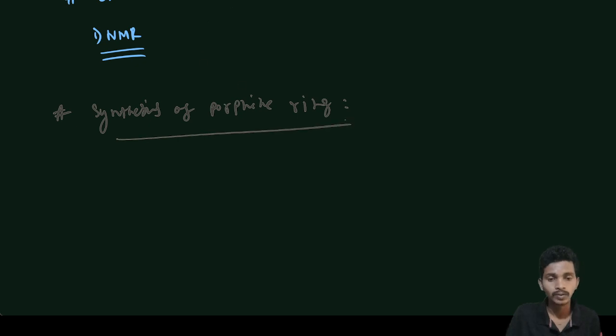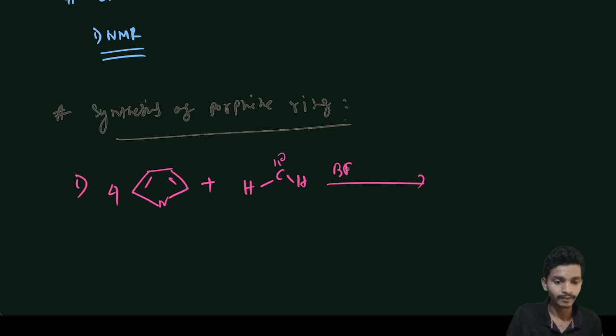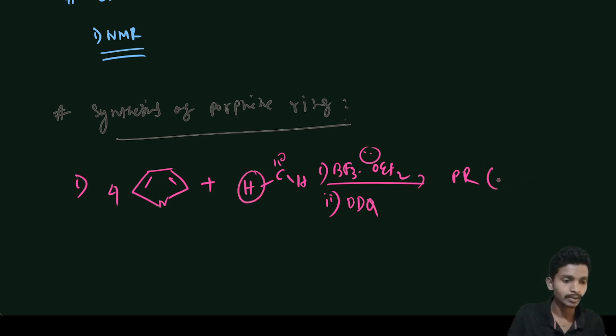Okay, so how will you synthesize it? First, let's say pyrrole, 4 equivalents, plus any aldehyde, and if you have BF3 etherate and DDQ, then we will get the porphine ring. Here the substituent at the meso positions will be hydrogen.